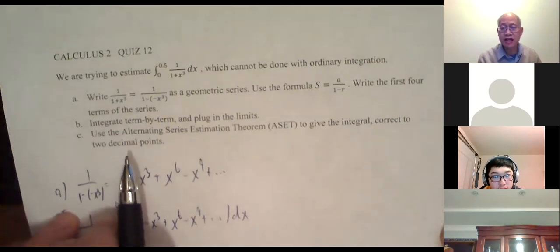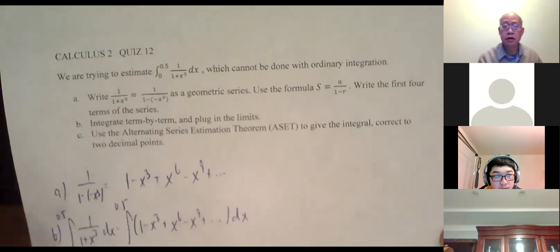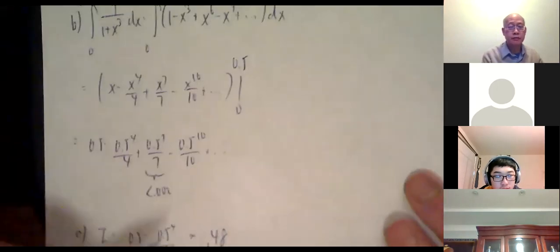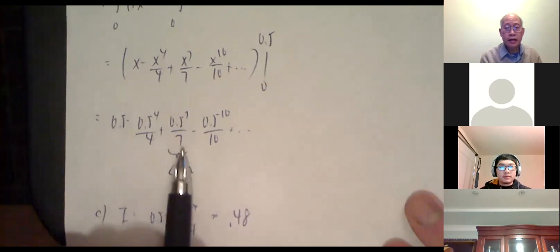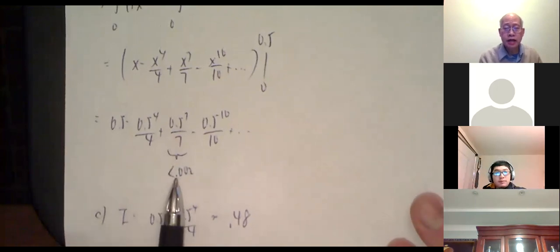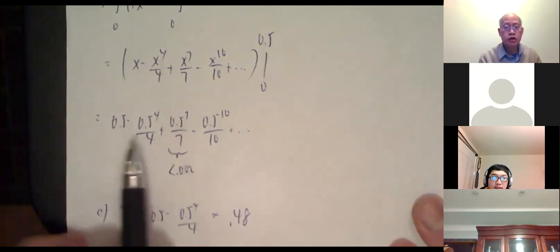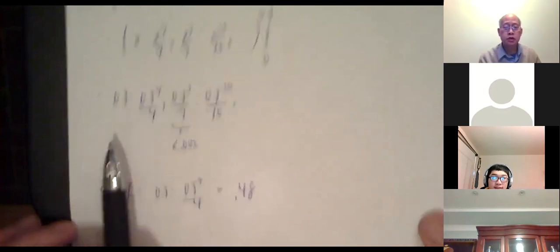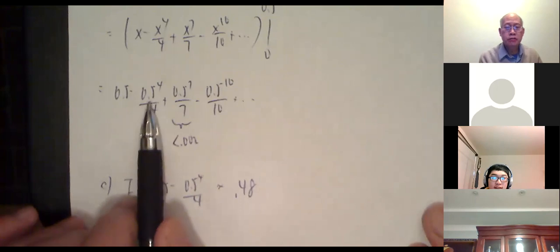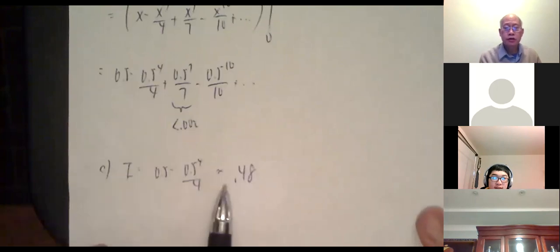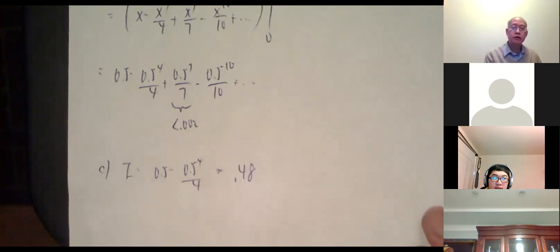I was kind of lenient on the quiz, but I won't be as lenient on exams, perhaps. The third term is already in the neighborhood of 0.002. That's less than 0.01, which means you should only add the first 2 terms. So 0.5 minus 0.5 to the 4th over 4, rounded to 2 decimal places, is 0.48. And there we go.